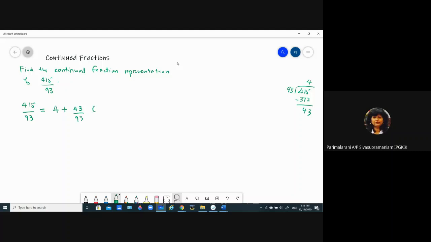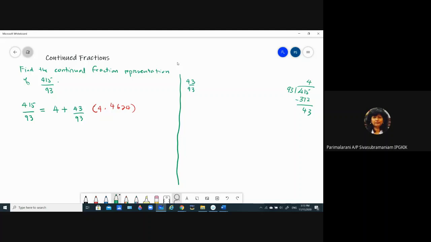And this is actually 4.4624. This is the actual value. First line, okay? Everybody agree with this? Yes? Okay.